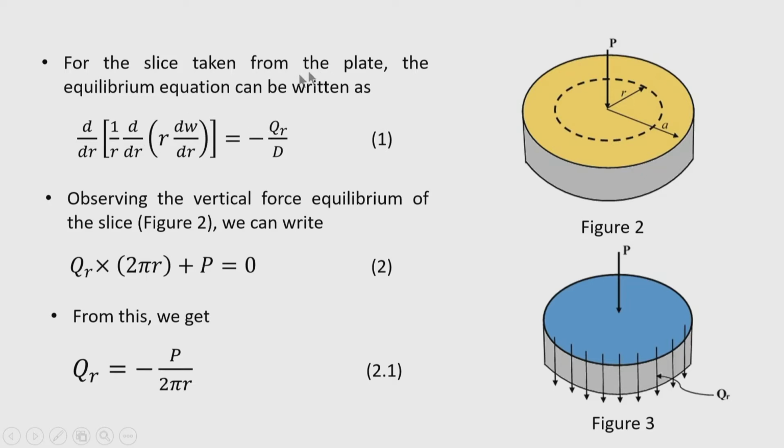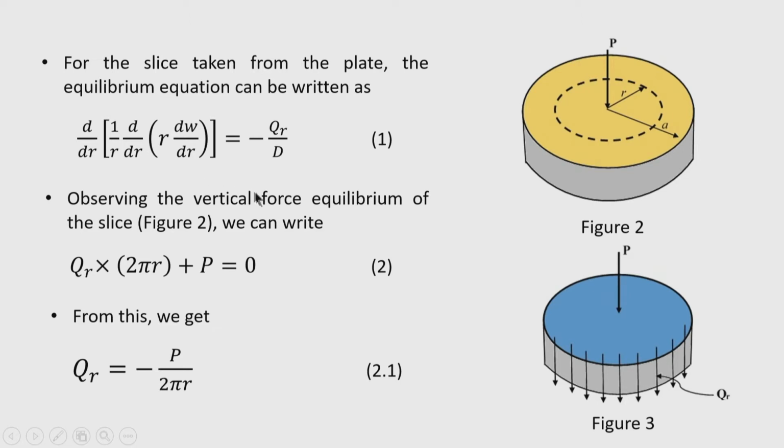The equilibrium equation takes the form d by dr of [1 by r d by dr of (r dw by dr)] equal to minus Q r by D. You can see this quantity is the slope dw by dr, and it is differentiated to obtain the third derivative and relate it to the shearing force.